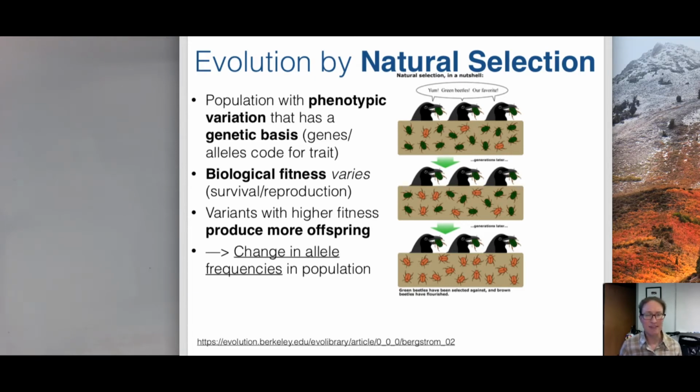And it helps to see a concrete example of this. So here's a little cartoon from a website on evolution. This is showing a beetle population where beetles vary in color. And you can imagine many bird predators are very visual, so they use sight to seek out tasty things.